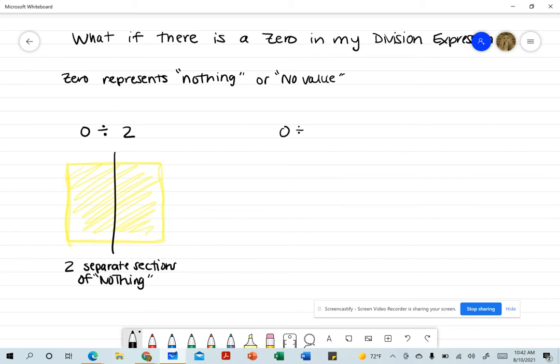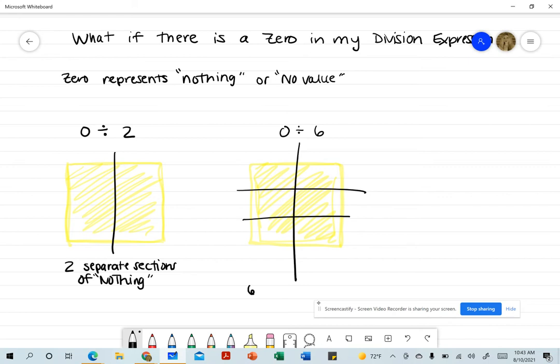What if I divided it by 6 now? So I'll take my little 0, I'll create it. This is a big box of nothing. Big box of nothing. And I'm going to divide it 6 ways. What do I have left?